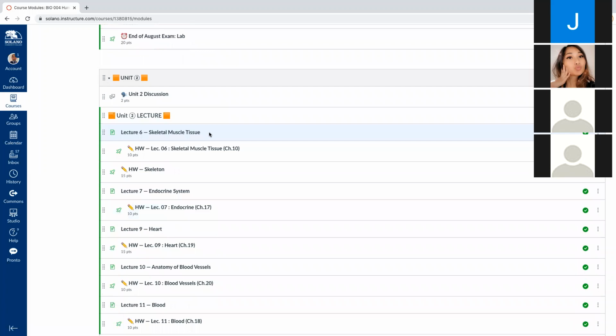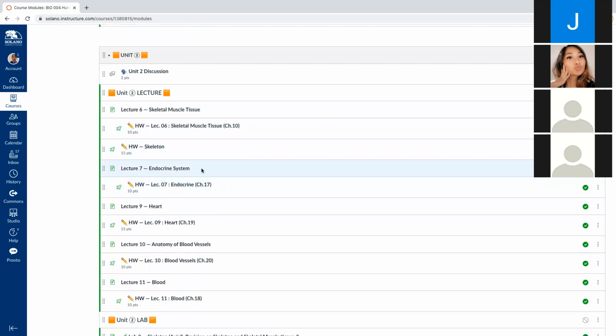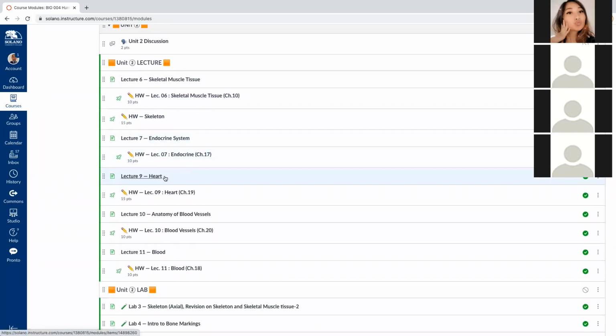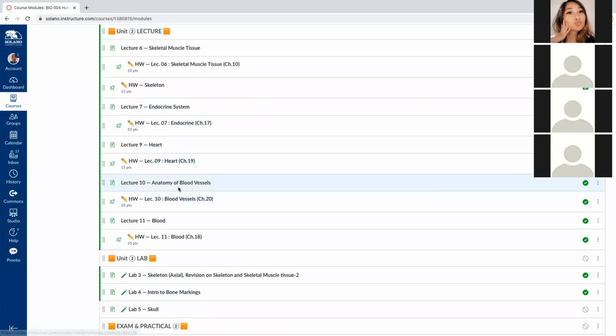Skeletal muscle tissue, and you have to do the homework. You have done skeleton and endocrine system homework, the heart, first and second lectures, and homeworks for the heart, anatomy of the blood vessels, lecture and the homework, and we have done blood as well.